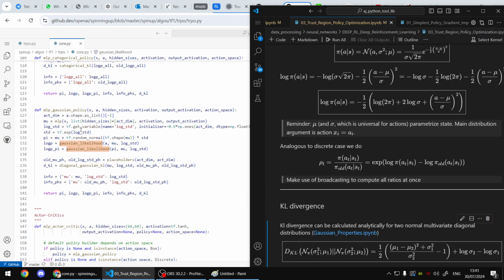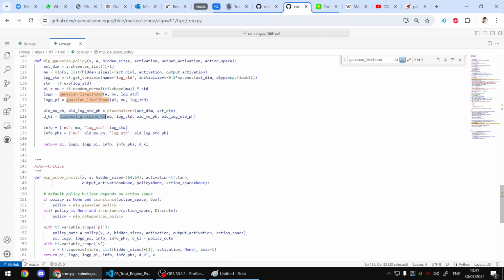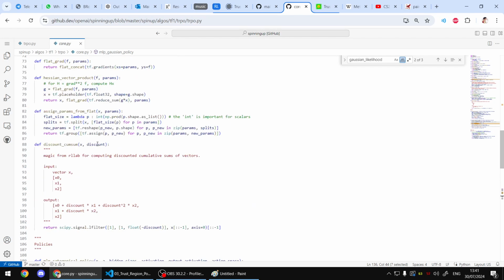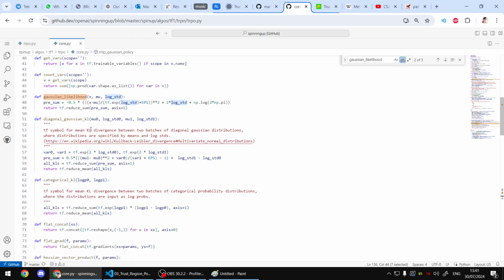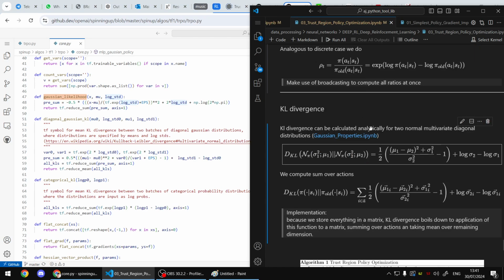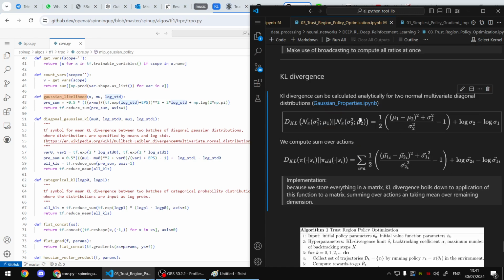And, well, maybe you can mention also the KL divergence. So again, you see the inputs are just the parameters of old and new normal distributions. So where is it? Variances. Let's see if it's the same as we calculate.